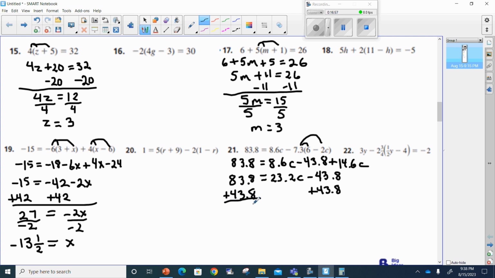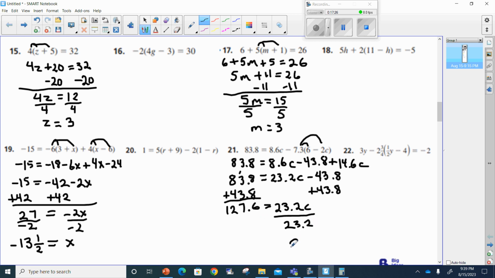When I add this, 8 and 8 is 16, carry the 1. 3 plus 3 is 6, that gives me 7. Don't forget that decimal. And 8 plus 4 is 12. It gives me 127.6 equals 23.2 C. I'm going to divide 23.2 C by 23.2.